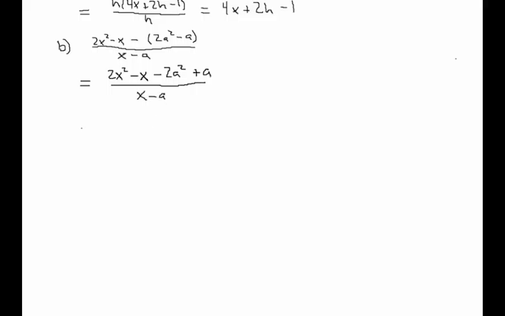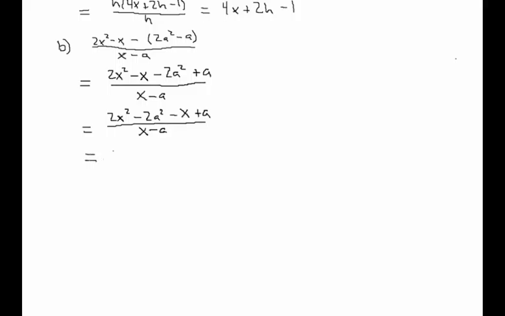And now I'm going to rearrange my numerator, and I'm going to rewrite it as 2x squared minus 2a squared minus x plus a, all divided by x minus a. And now I'm going to factor a 2 out of the first two terms in the numerator.